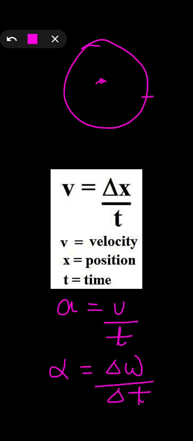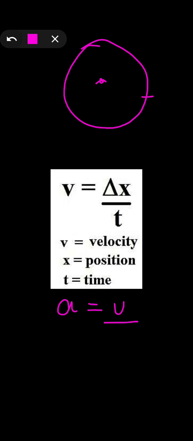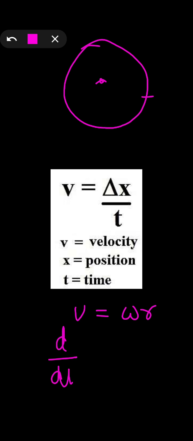So alpha is equal to rate of change of omega with respect to time. Okay. So if we have to find the relationship between this alpha and the linear acceleration a, then we know that v was equal to omega r. In the relationship between the angular and the linear velocity, we have seen v is equal to omega r, and if we differentiate with respect to time, that is dv by dt is equal to d by dt of omega r.